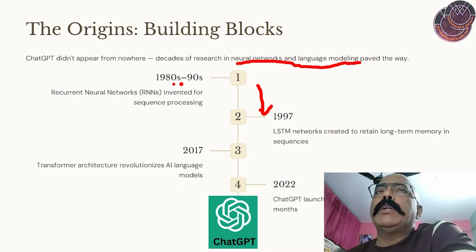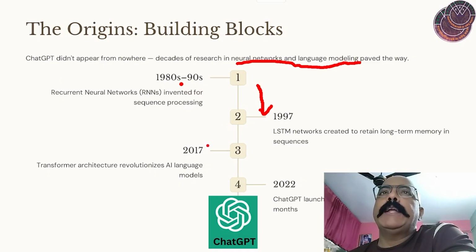So in the 80s and 90s, progress on this model was being made. And by 2017, it transformed the entire model into large language models where it can understand human interaction.